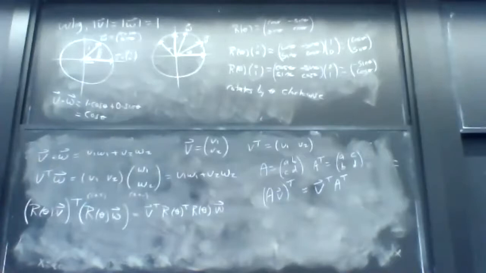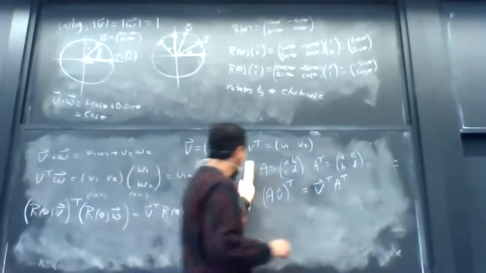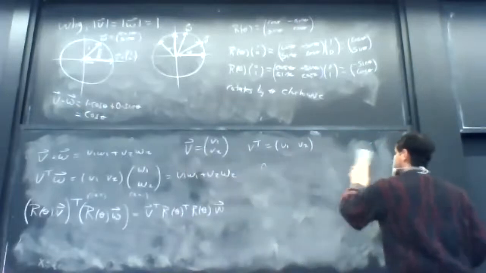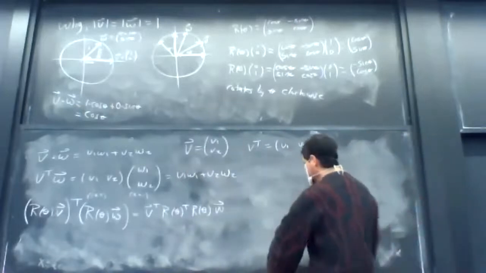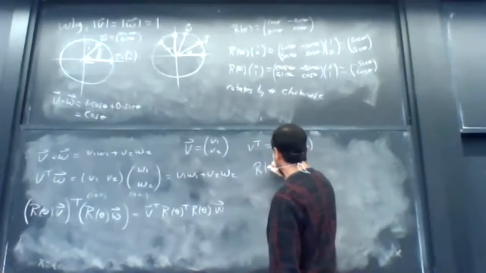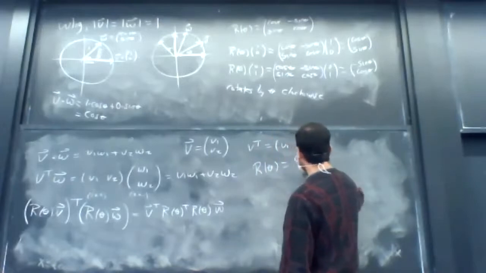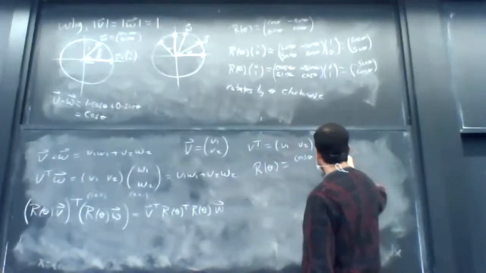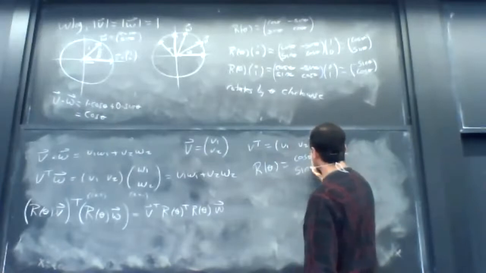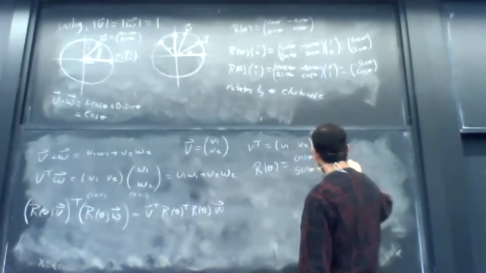All right, so now I want to do a little bit of a calculation. So here is R theta. It's cosine theta, minus sine of theta, sine of theta, cosine of theta.